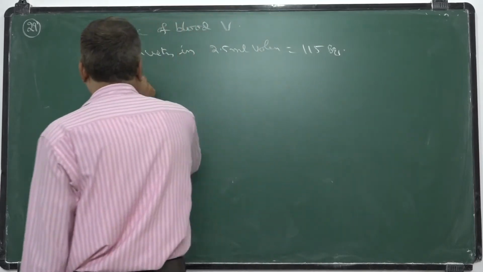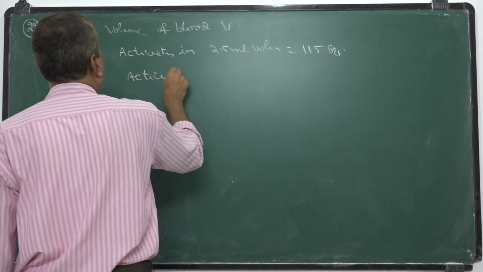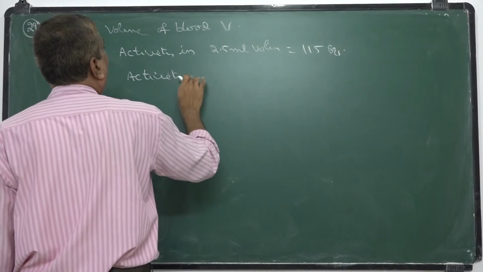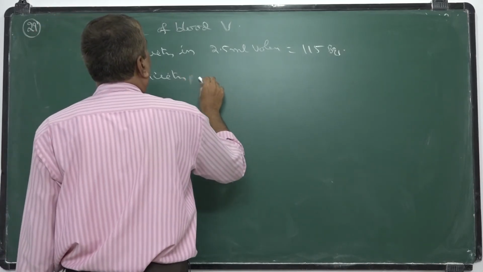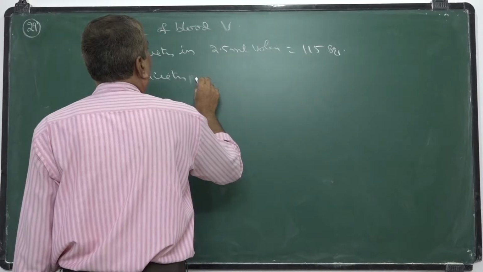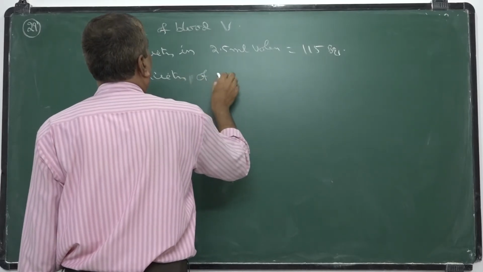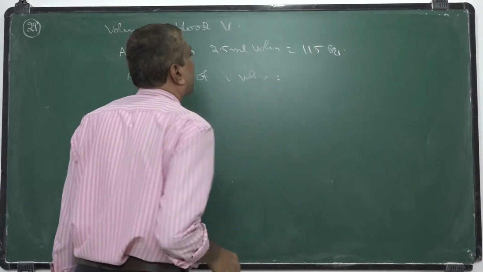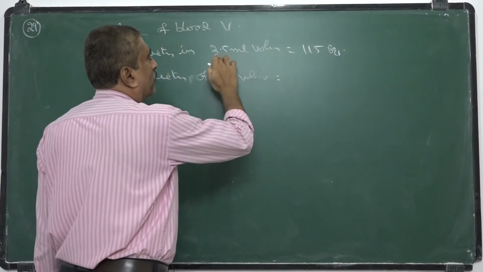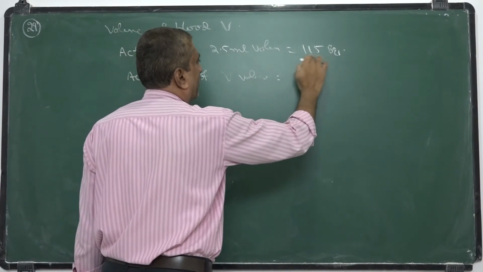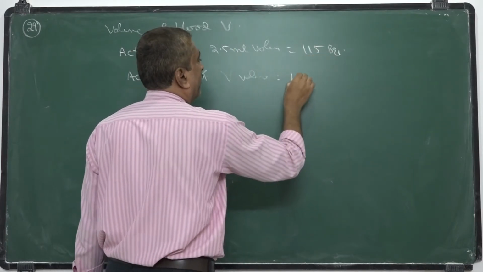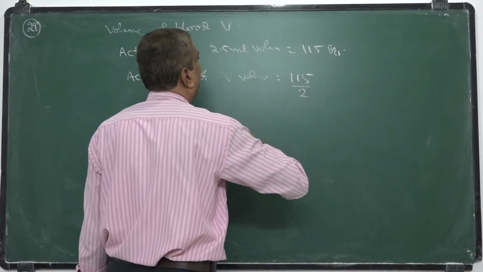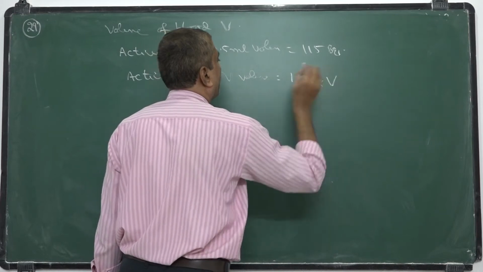Now the activity of V volume of the blood is, so first for 2.5 ml we get this one. So for 1 ml we get 115 by 2.5 and into V.